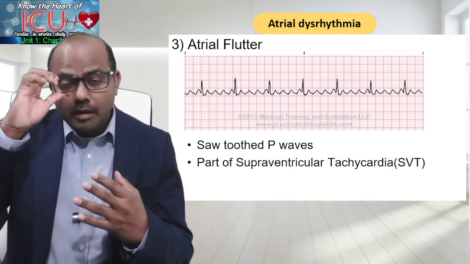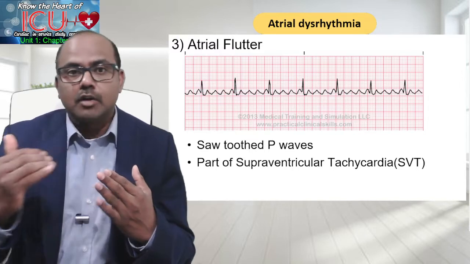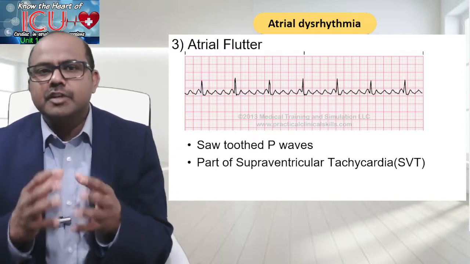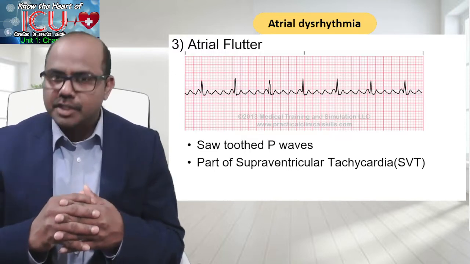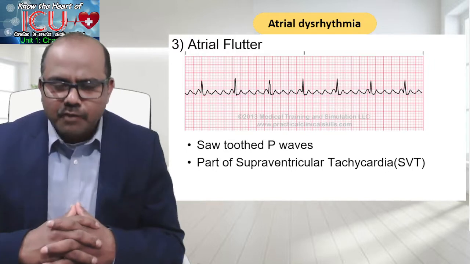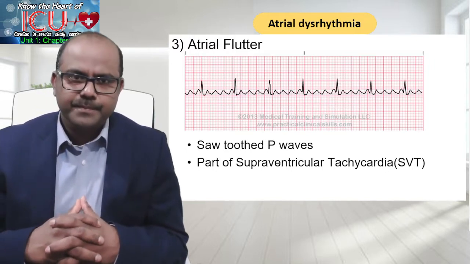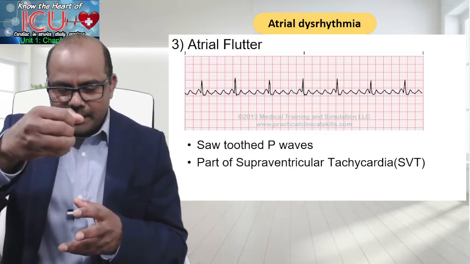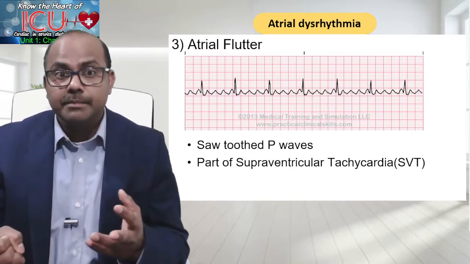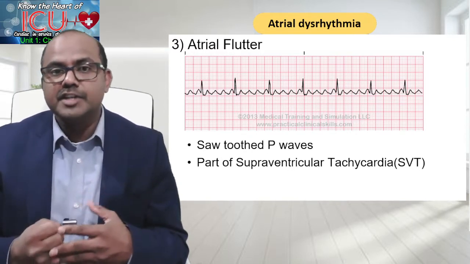Now, why are all the atrial complexes not conducted down to the ventricle by the AV node? The AV node has a physiological block function to prevent ventricular tachycardia. For example, in atrial flutter, the atria are firing more than 150 times a minute. But if the AV node conducts all these impulses down to the ventricle, what happens? The ventricle will end up in ventricular tachycardia.